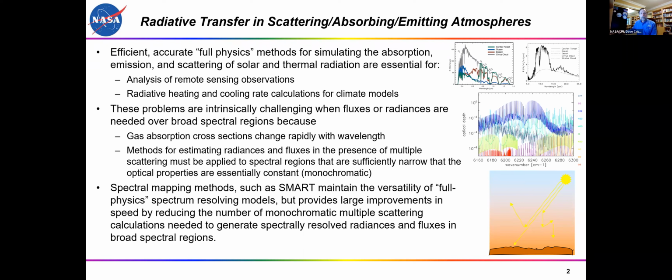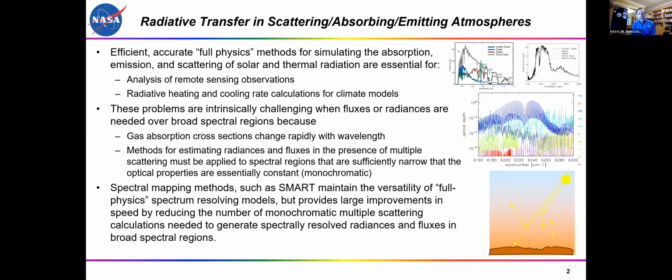The real problem is that when you look at a spectrum like the solar spectrum shown in the upper right in the figure, or the thermal spectrum shown next to it, these spectra cover several thousand wave numbers, tens of microns sometimes in their span. We have to divide the stellar or thermal part of the spectrum into something like 1 million different spectral regions to resolve the incredibly rapidly varying optical properties.